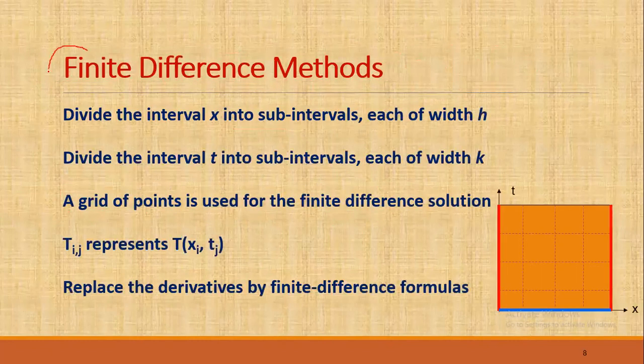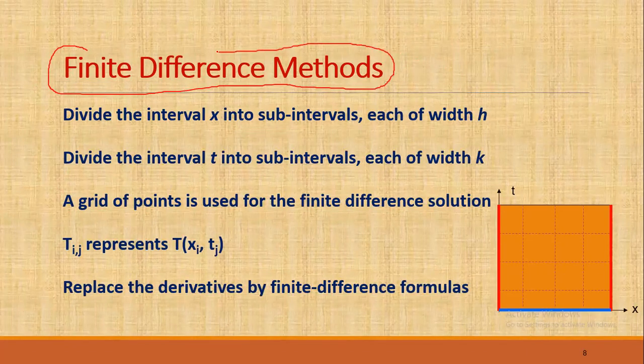Now we discuss what the finite difference method is. Finite difference method is obviously a discretization form. So we divide the interval x into subintervals, each of which we consider h.